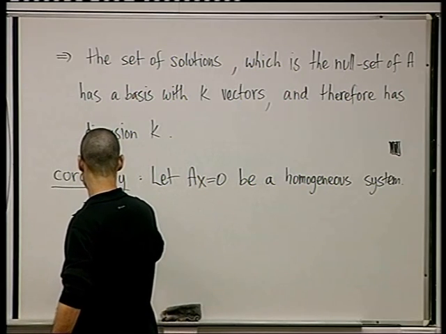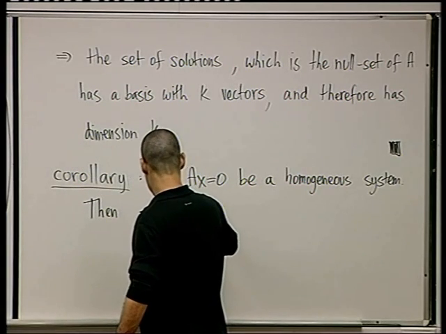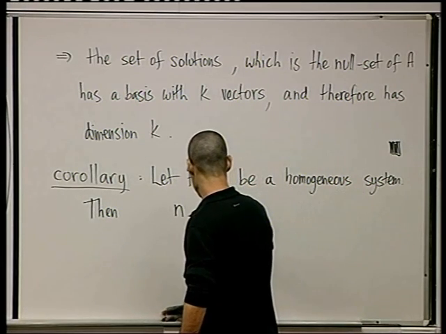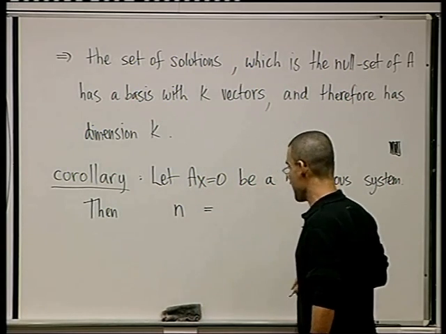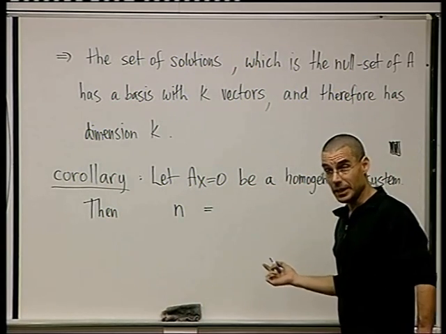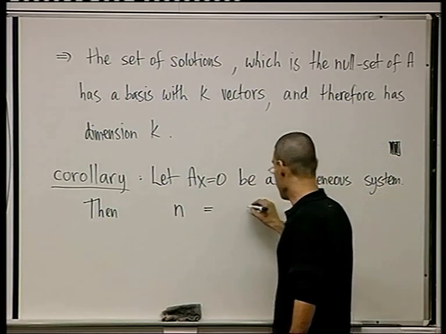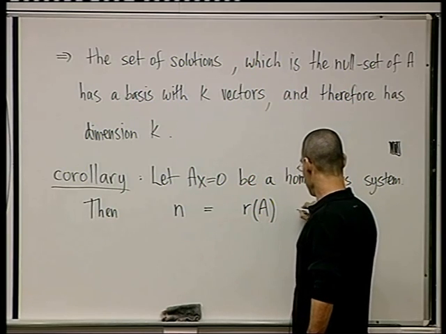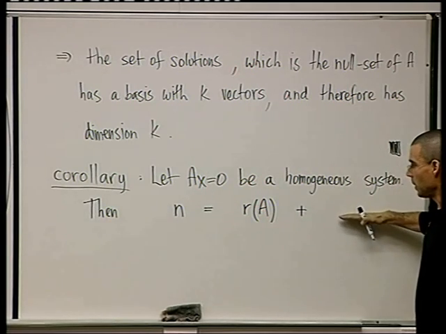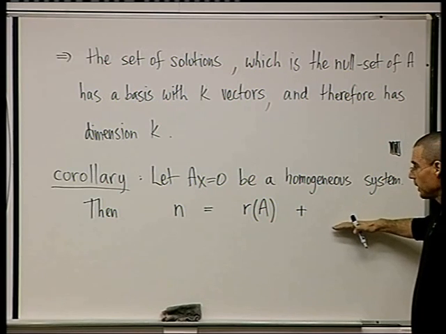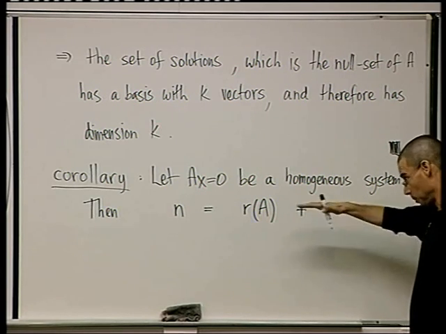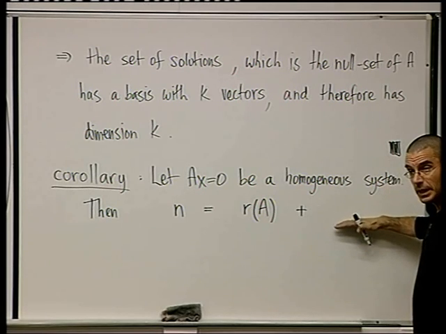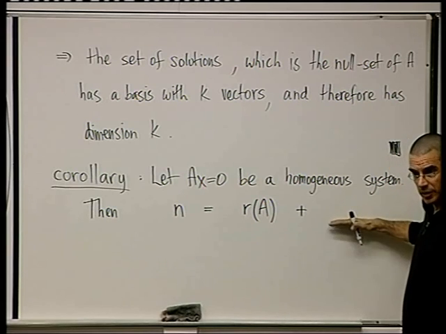Then n, which is the number of variables, equals the rank of A plus, now I could write here something very stupid, plus n minus R of A. That would obviously be an equality. But what is n minus R of A? It's the dimension of the null space.